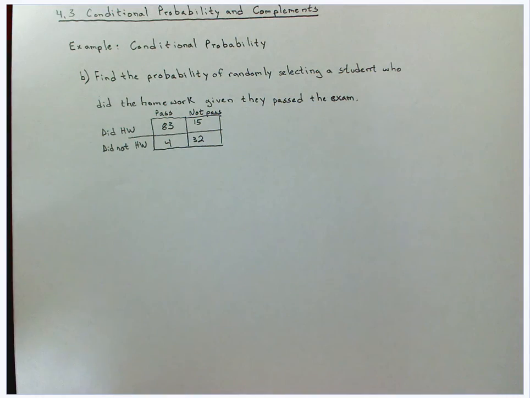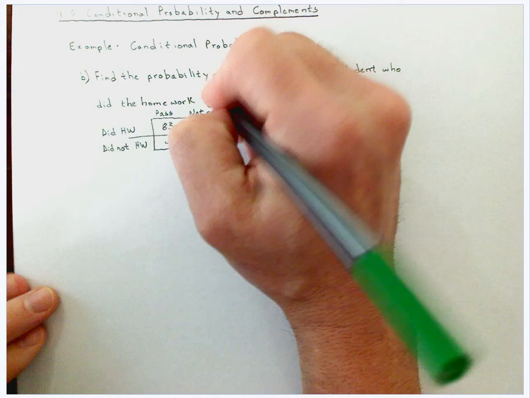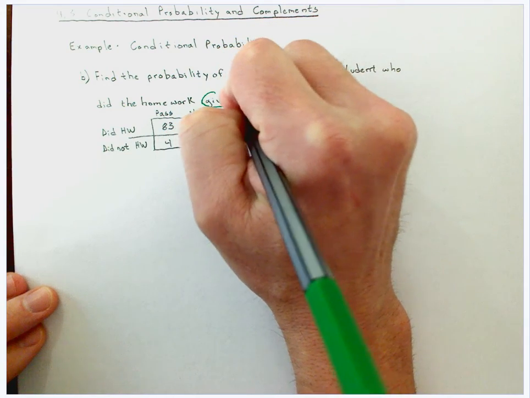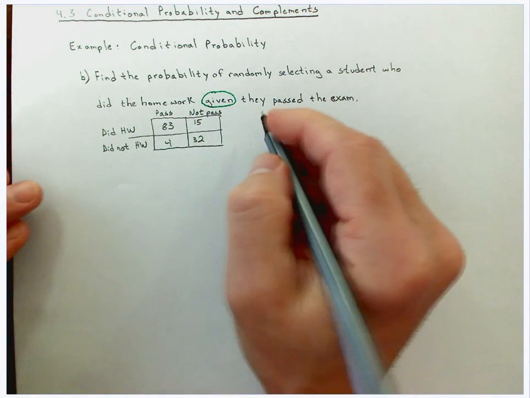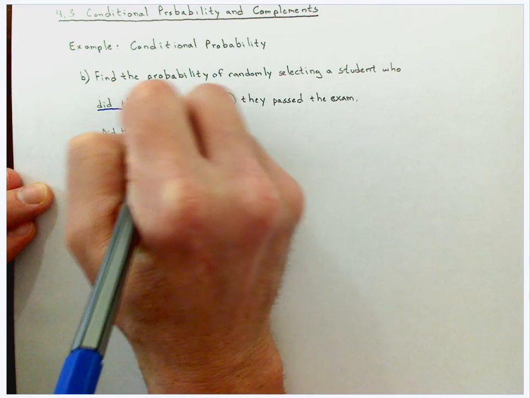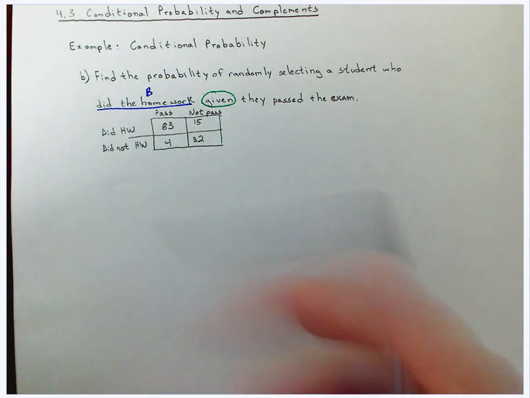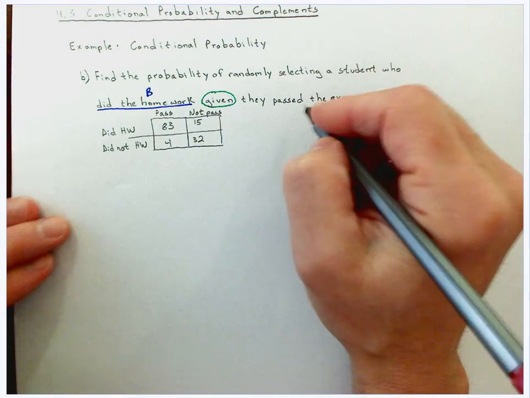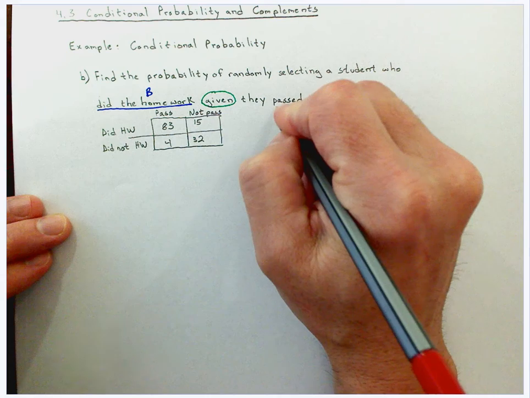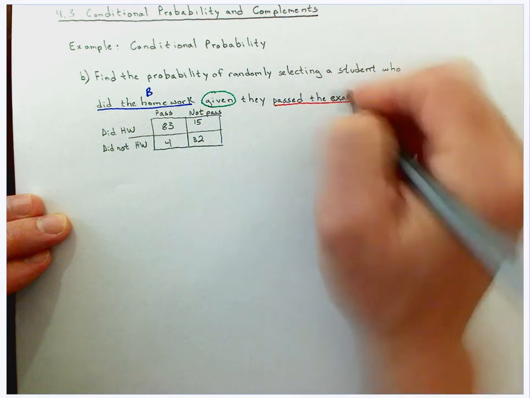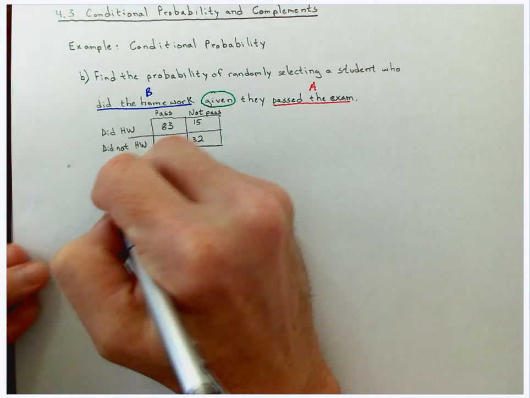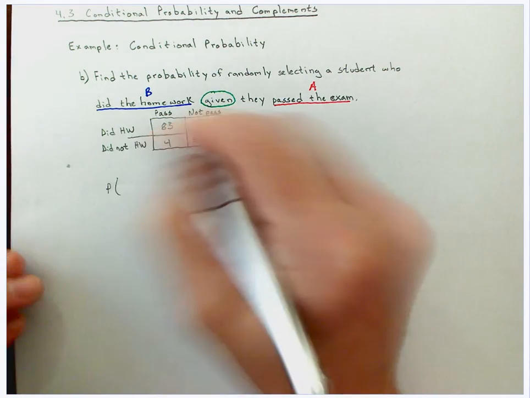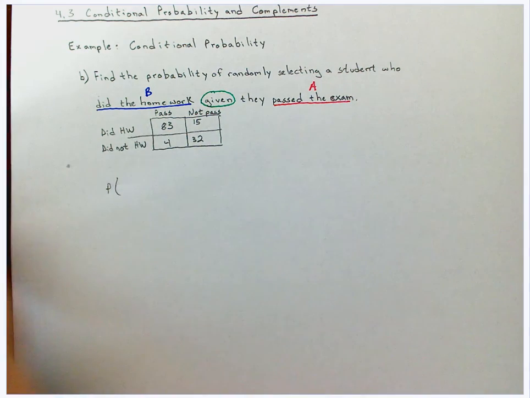Okay, first thing I'm going to do is I'm going to mark the word given. And that helps me to visualize where is B and where is A. B is to the left, so did the homework, that is B. And to the right is going to be passed the exam, and that is A. I know that my equation for conditional probability, and what tells me it's conditional probability is the word given.